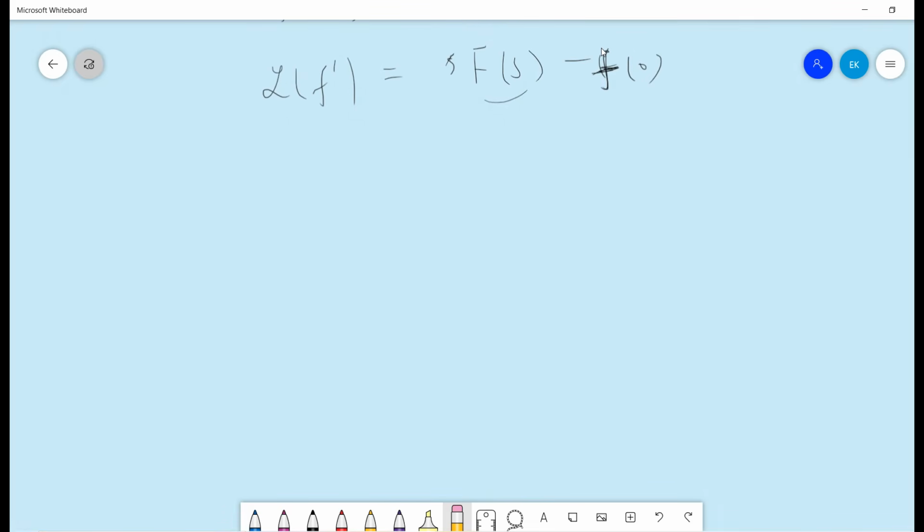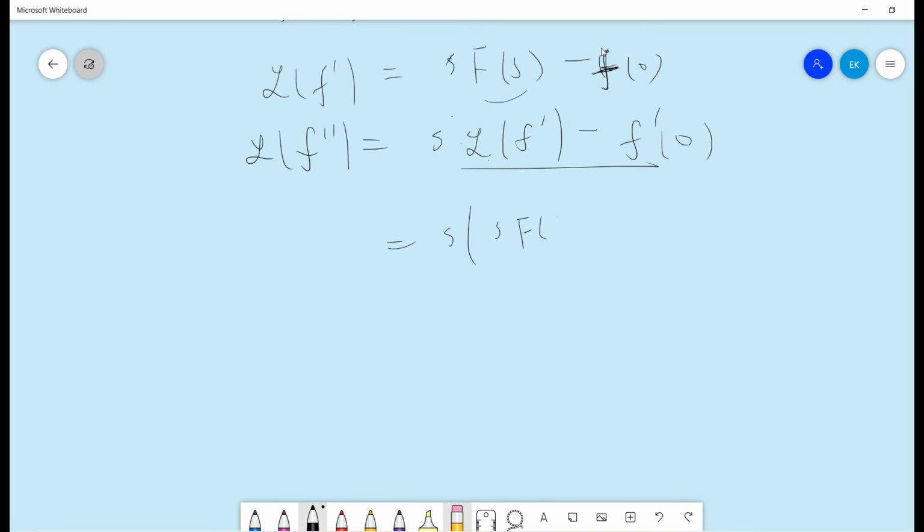Okay, so the proof. You can also calculate the second derivative. Just put in the same results. So how to do it? Use this one. We put f double prime here, use the first one, and this is the same as the previous.